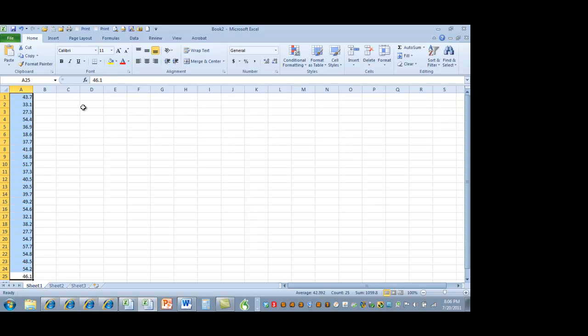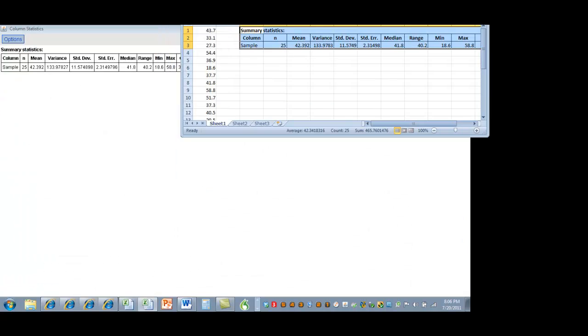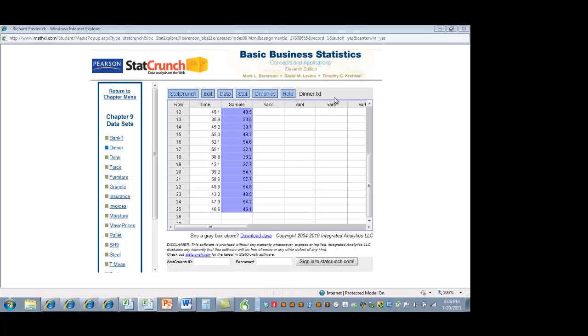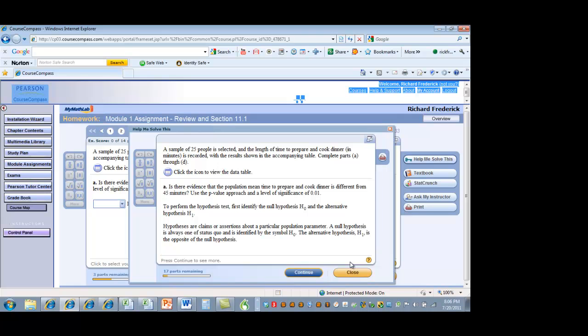Just click in a cell here and click Paste, and there's the data from this sample problem. Now, I'm just going to stick this off the page where I can see it. I'm going to close this and go back to this question. We'll continue through the practice.